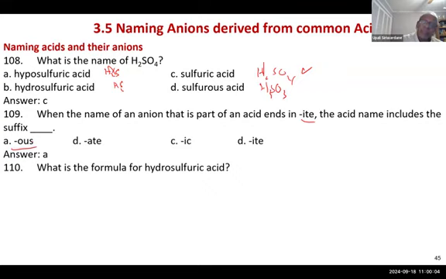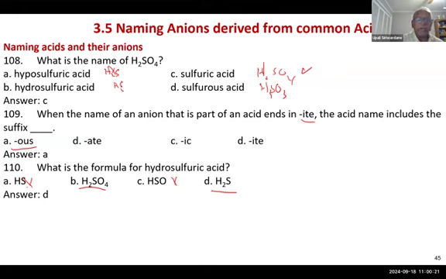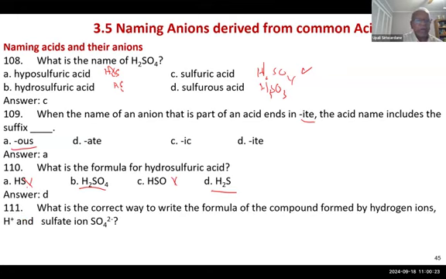What is the formula for hydrosulfuric acid? This is sulfuric acid. This is the hydrosulfuric acid. These are kind of non-existent acids. D is the correct answer. What is the correct way to write the formula of a compound from hydrogen ion and sulfate ions?